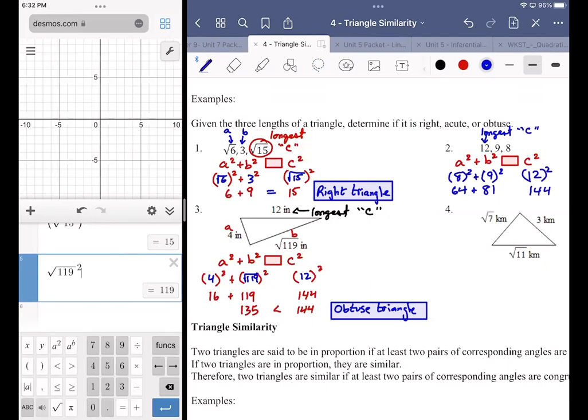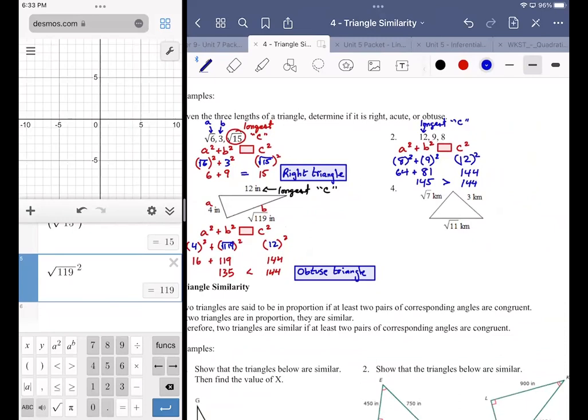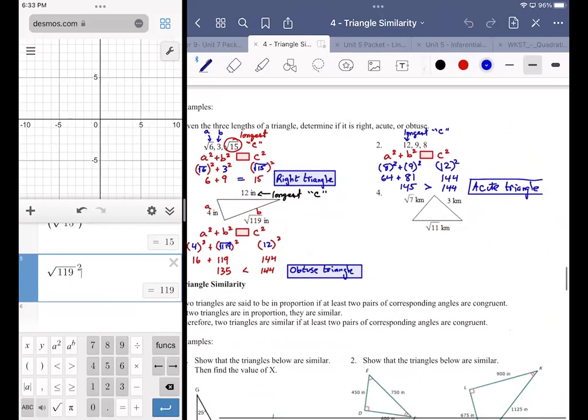So we're looking at 145, which is ever so slightly larger than 144. So that's just barely acute. So that's an acute triangle, but just barely.